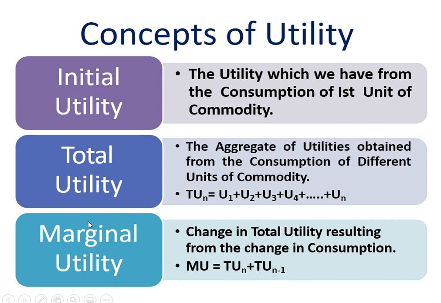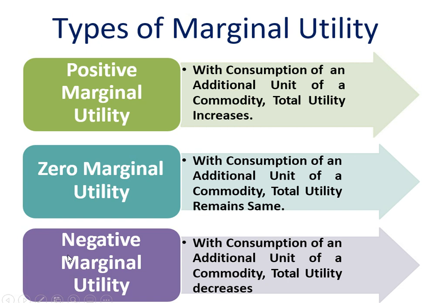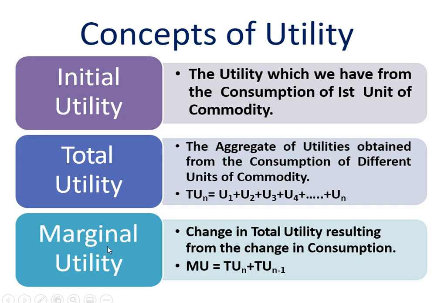And there is another concept of utility that is called marginal utility. What is meant by marginal utility? Marginal utility means the utility which you gain by taking one extra unit of any commodity.